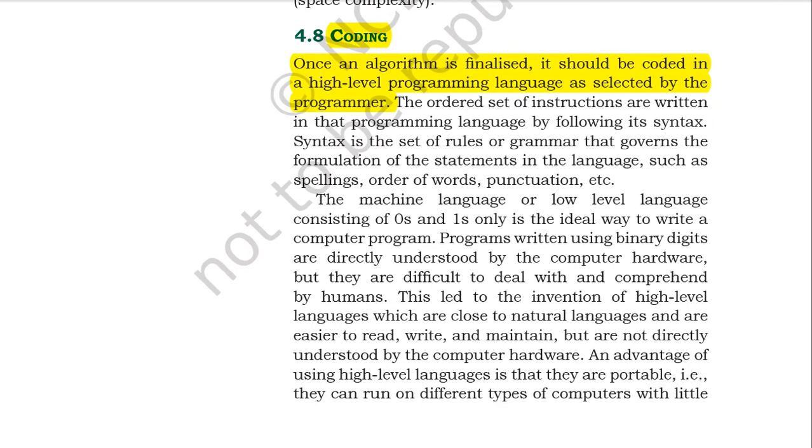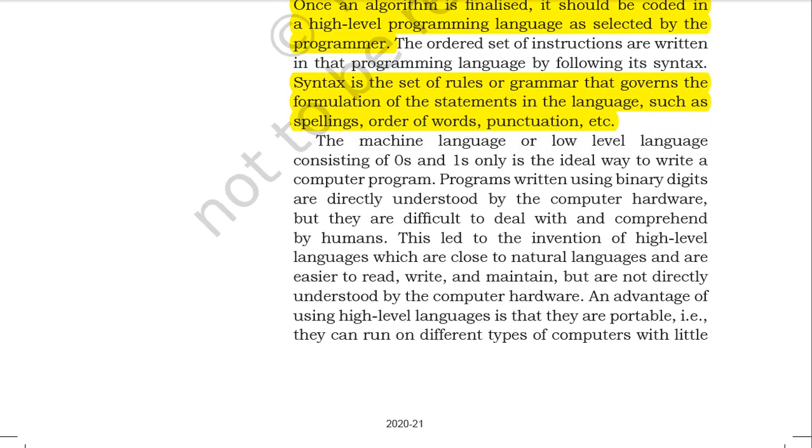The ordered set of instructions is written in that programming language by following its syntax. Syntax is the set of rules or grammar that governs the formulation of statements in the language, such as spellings, order of words, punctuation, etc. Machine language or low level language consisting of zeros and ones only is the ideal way to write a computer program.